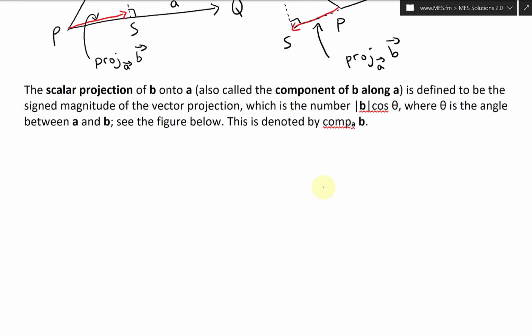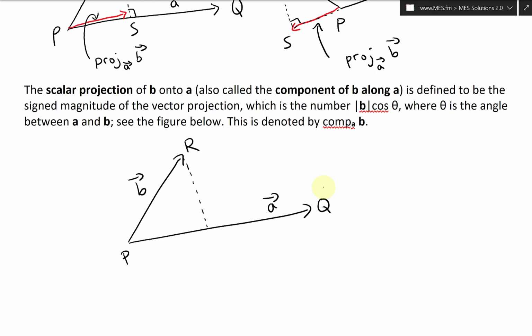So let's draw this out. And so if you have again similar to the above one, so you have the P, and it goes to Q. This is our A vector. Now you have the R like that. This is the R. This is the B like that. And then this goes all the way across like this. And this is our right angle.